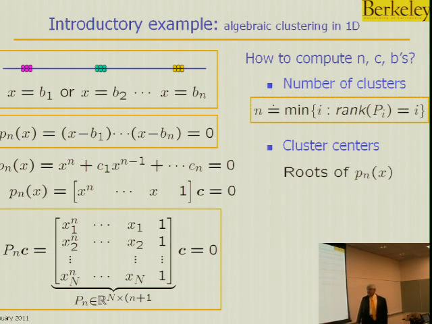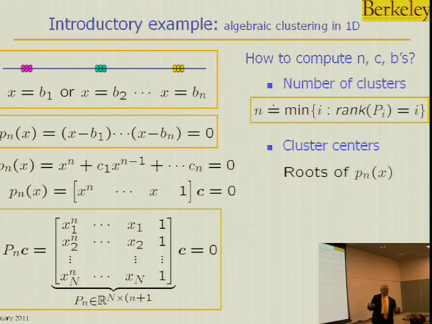The way you convert this into an algorithm is you keep forming P1, P2, P3, and keep computing the ranks of Pi. The smallest step i at which the rank of Pi becomes equal to i gives you the number of clusters. That's the first time that the rank deficiency drops, because Pi otherwise has rank i plus 1.